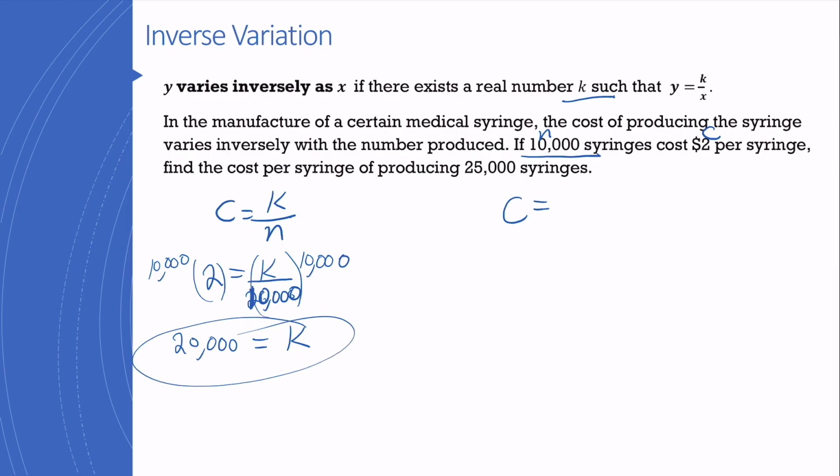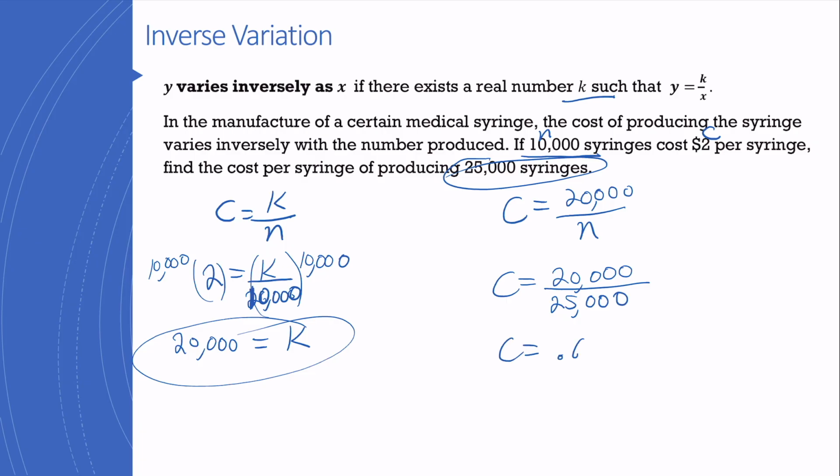So I know the cost is 20,000 divided by the number. So if I want to know how much it costs to make 25,000 syringes, my cost would be 20,000 divided by 25,000. So cost is going to be 0.80 or 80 cents per syringe.